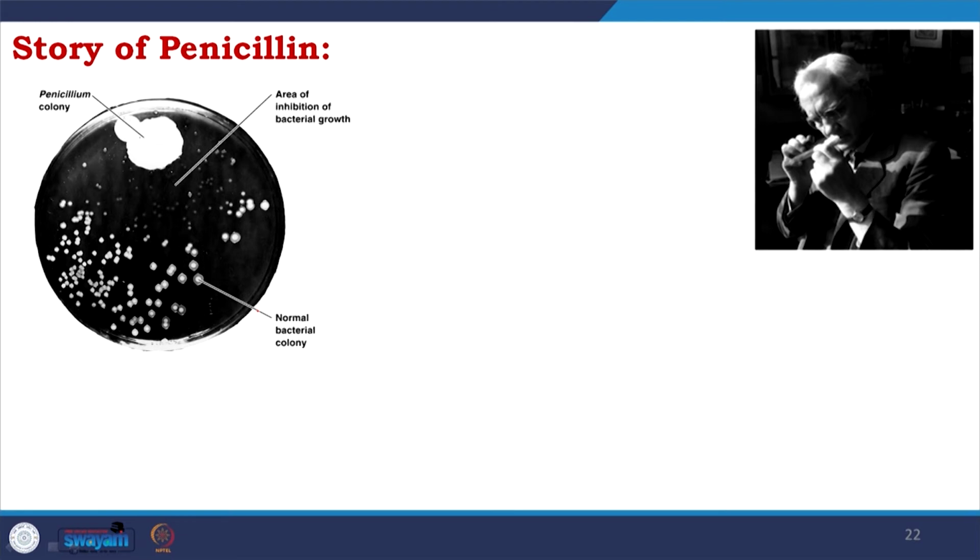When he came back from vacation, to his surprise, he realized that there is a mold grown in the Petri plate, and very interestingly, the region where the mold grew, the bacteria is not present there, they are already killed, the colonies are gone or the colonies are minimized.